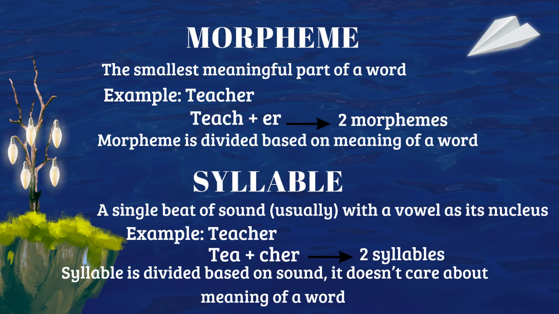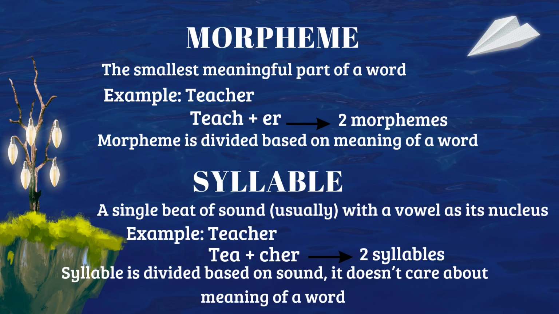We split it based on meaning. For example, take the word teacher. We split it into teach and er. Both have meaning. Teach means the action of giving knowledge, and er means the person who does that action. So, this word has two morphemes.